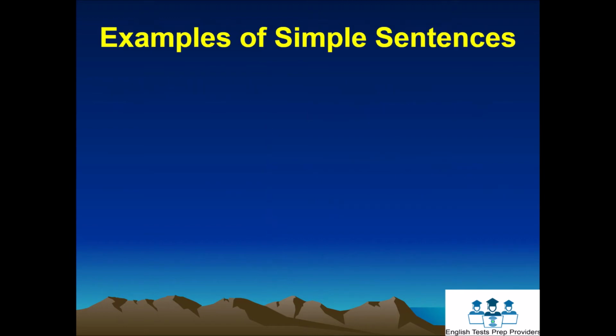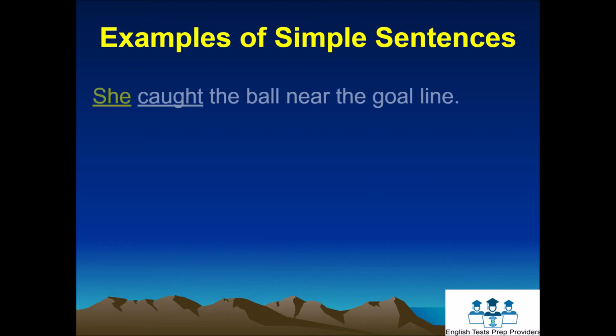Now here are the examples of simple sentences. Let's try to learn all of them. The first sentence is, she caught the ball near the goal line. She is our subject and she is a pronoun. Caught is our verb. The ball near the goal line is part of our complete predicate.